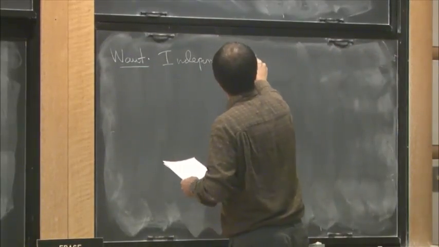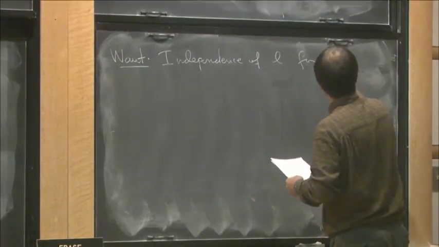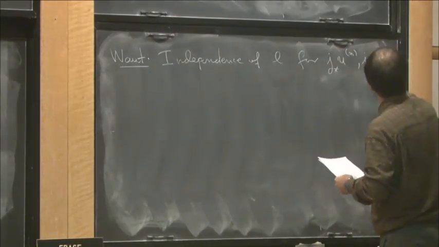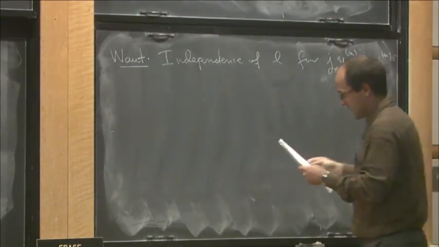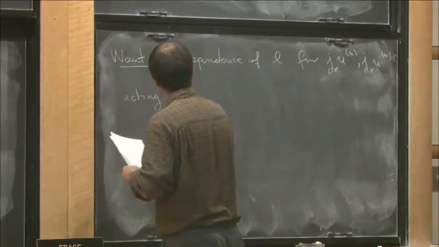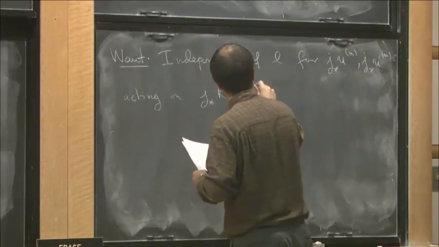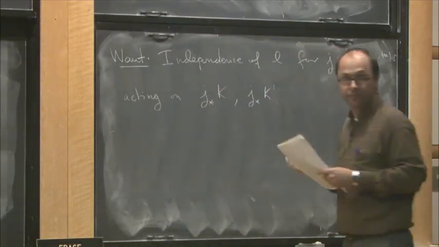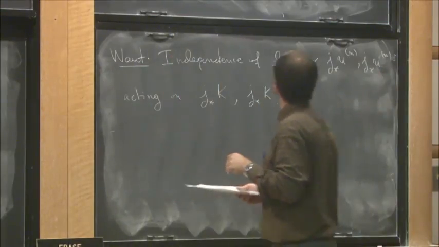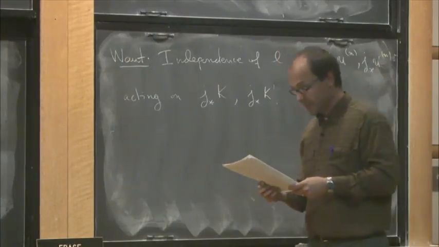Independence of L for these j lower star, maybe the twist by Frobenius, so U prime twisted by n, which act on j lower star K and j lower star K prime. Okay. So, of course, I need some assumptions because I have just chosen my U and U prime arbitrarily.